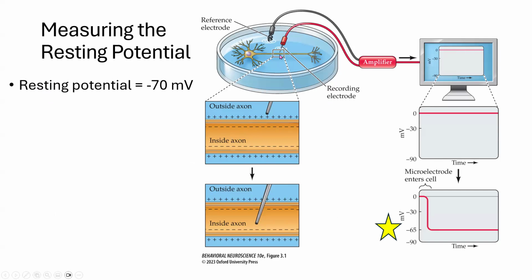If I were to put an amplifier in and read what's going on in the neuron, I would see that the neuron is just working at this natural level of negative 65 millivolts, which is just a way in which we measure the voltage of a neuron.